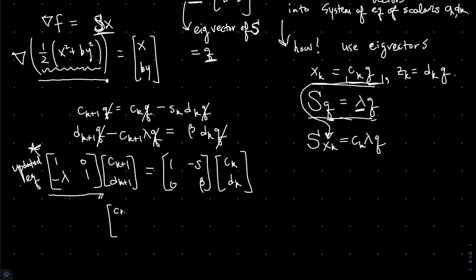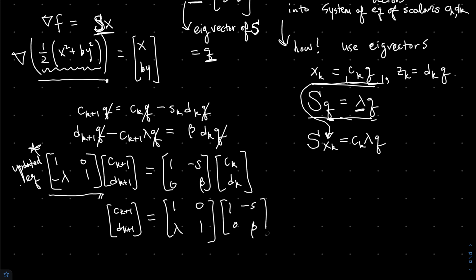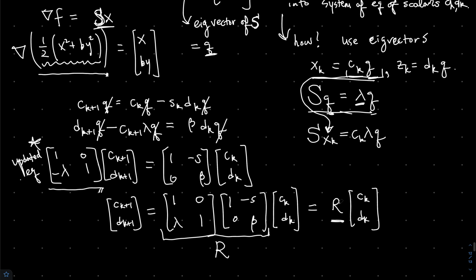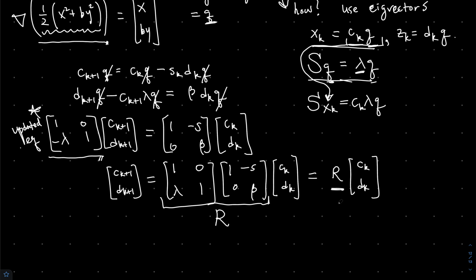So we can rewrite ck plus 1, dk plus 1 as 1, 0, lambda 1 times 1 minus step size, 0 beta, and ck dk. And we can combine this matrix and denote it as R. So R times ck dk. Now, what we want to do is find R within our accelerated gradient descent, these are our parameters.